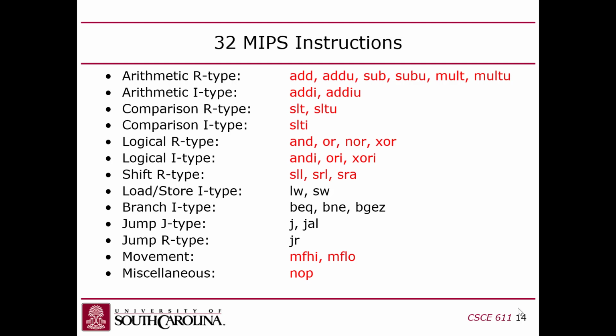So with these instructions, not only is your CPU Turing complete, meaning that it could solve any problem that is solvable by any computer, but you can also compile code for it with GCC, and it's very unlikely that GCC will emit an instruction that's not on this list, even though MIPS has a lot more instructions, but they're just more obscure ones, right?